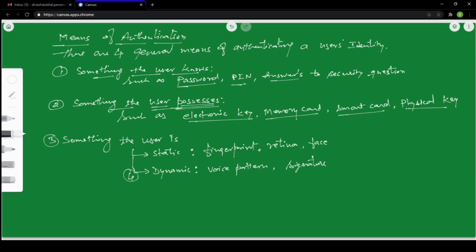Otherwise, we can use static characteristics such as fingerprint, retina pattern, or face pattern, or dynamic characteristics like voice pattern, signature, or handwriting of the user.